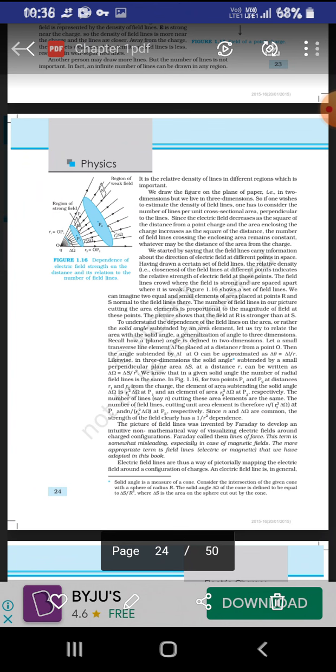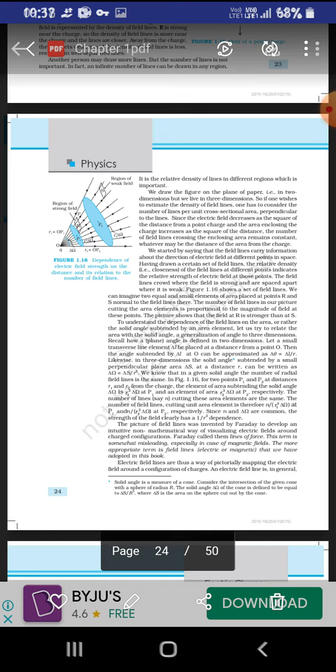So next, here we draw the figure in the plane of the paper, so in 2 dimensions, but we live in 3 dimensions. So if one wishes to estimate the density of field lines, one has to consider the number of lines per unit cross-section area that is perpendicular to the lines.